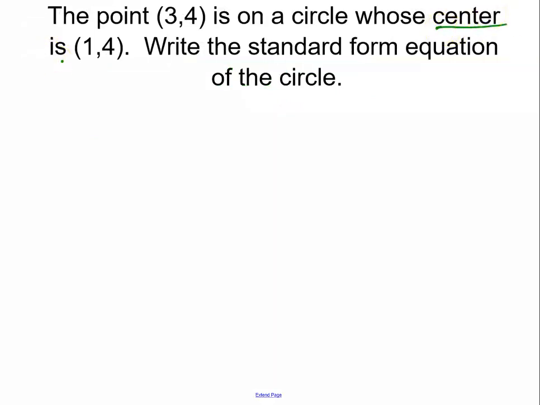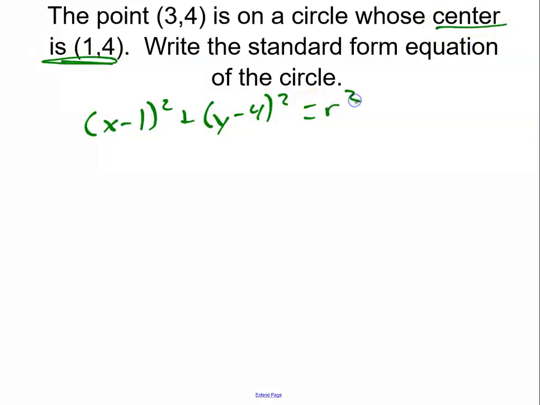All right, again, find the center right off the bat. x minus 1 squared plus y minus 4 squared. This time we don't have the radius, so we're going to have to use the distance formula to find it.